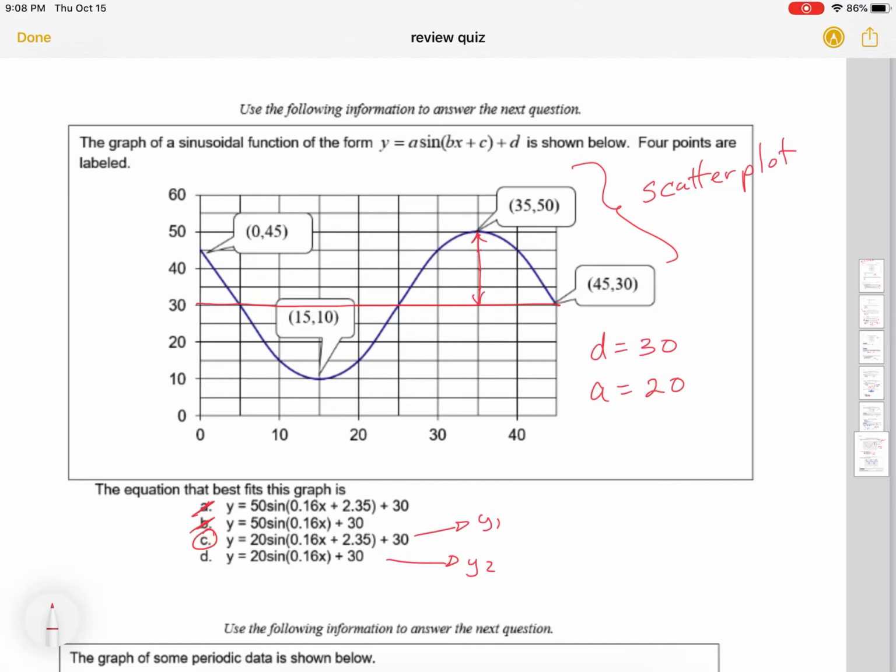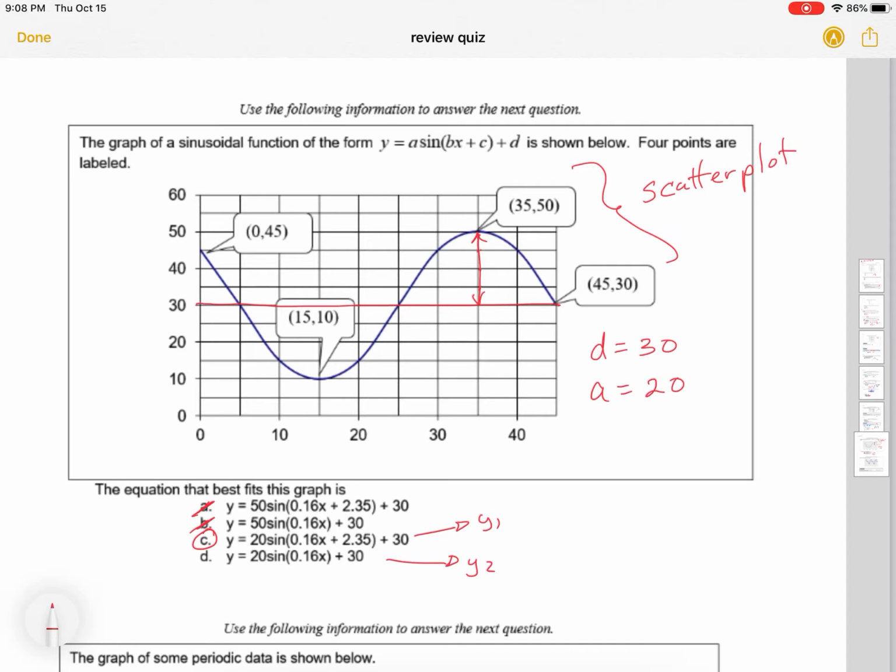Now, important to note for the sine function, it's not going through 0 and it's shifted from there, but it's the 30 that's moving it, right? So if you can match up to the points with one of your lines, and if you plot them in as a scatter point, you don't even have to do that.